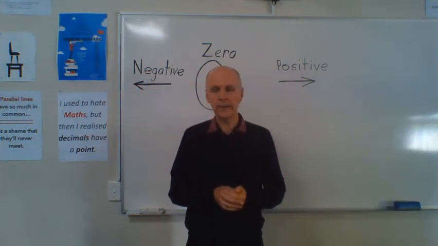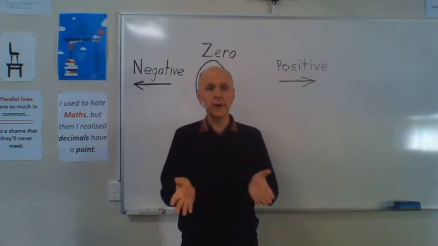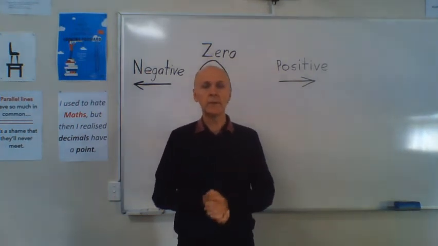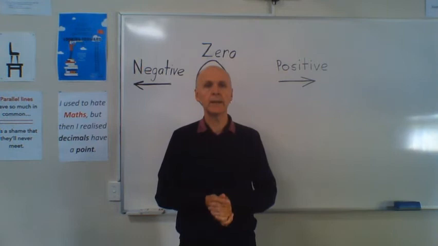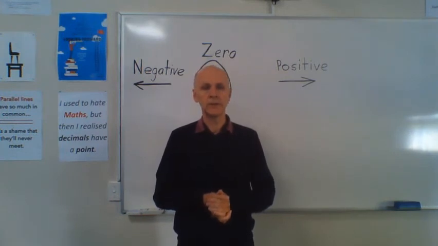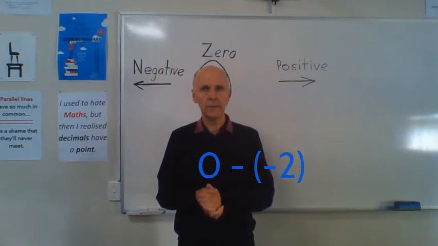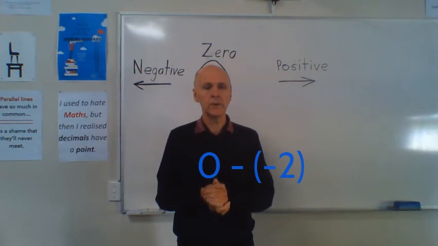So let's start with 0. Why not? Start with 0. What I want to do is to take away negative 2. So 0, take away negative 2. I'm supposed to add the opposite. So instead of taking away negative 2, I'm going to add 2.